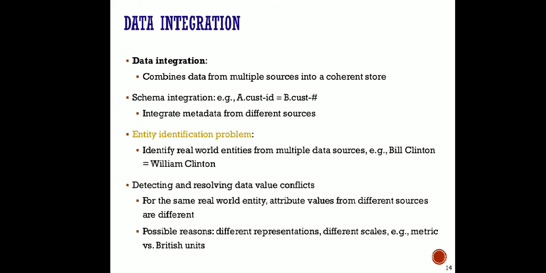Humans can understand that customer ID is used in place of customer number, but is it possible using any tool to compare these two? Before that we have to map them to any one name. So this is one schema integration problem.